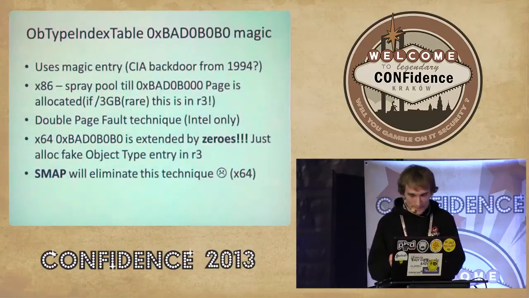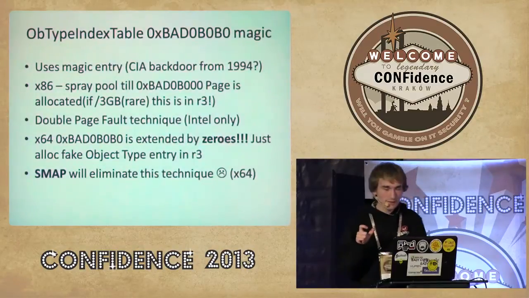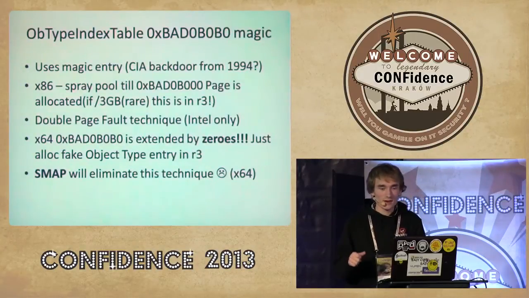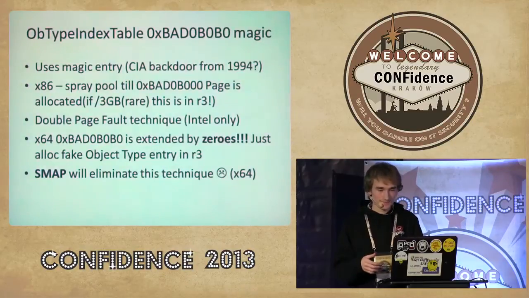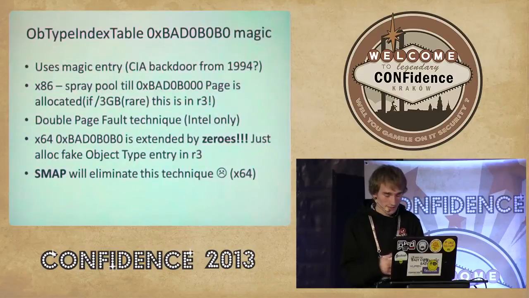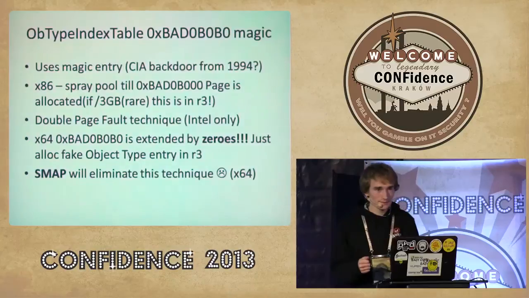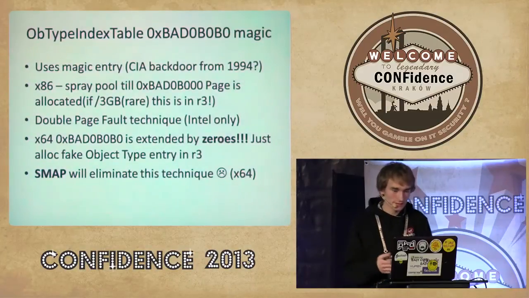But the funny thing is that using this technique, 64-bit operating systems are more vulnerable, because BAADBOOO is a user space address. But on 32-bit, it's in kernel land.